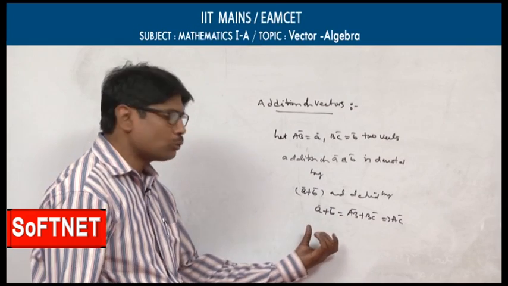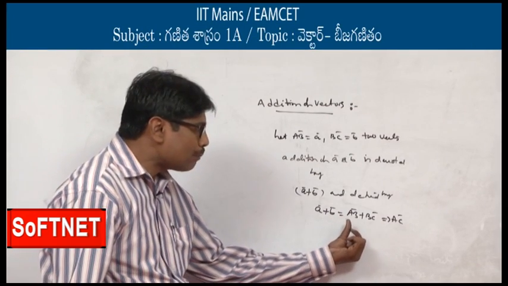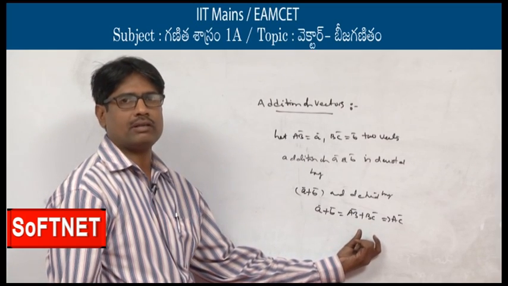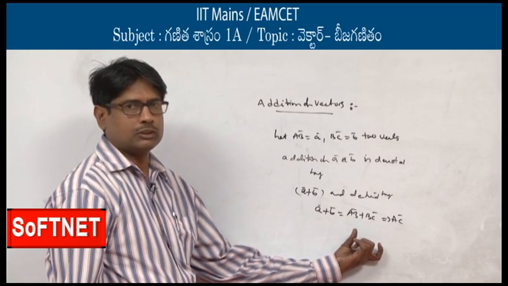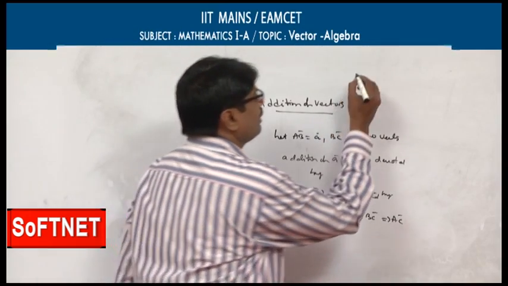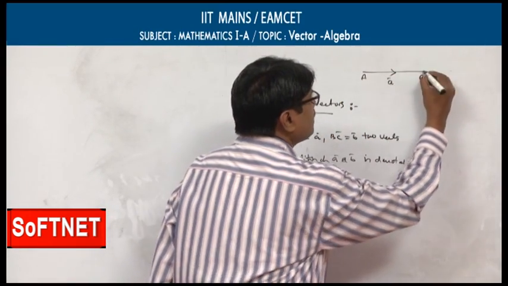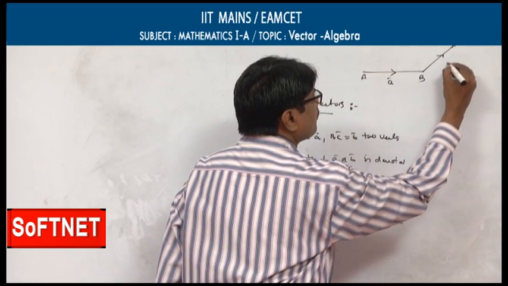To add two vectors, the terminal point of the first vector should be coincident with the initial point of the second vector.